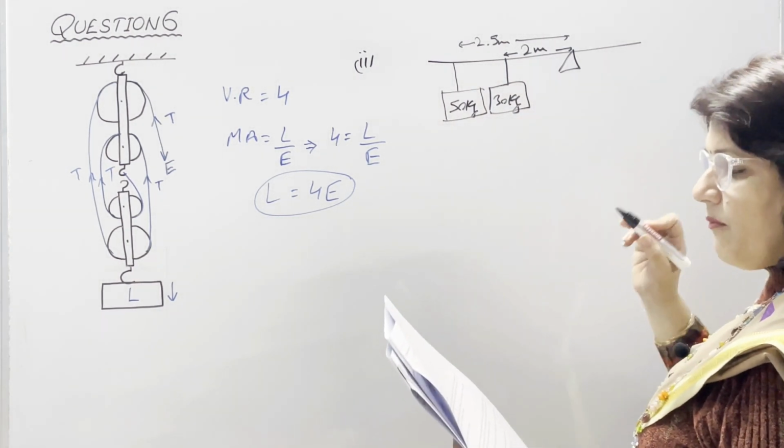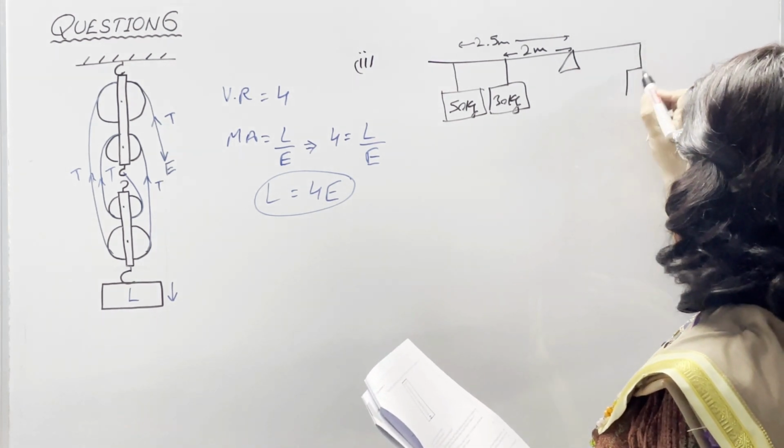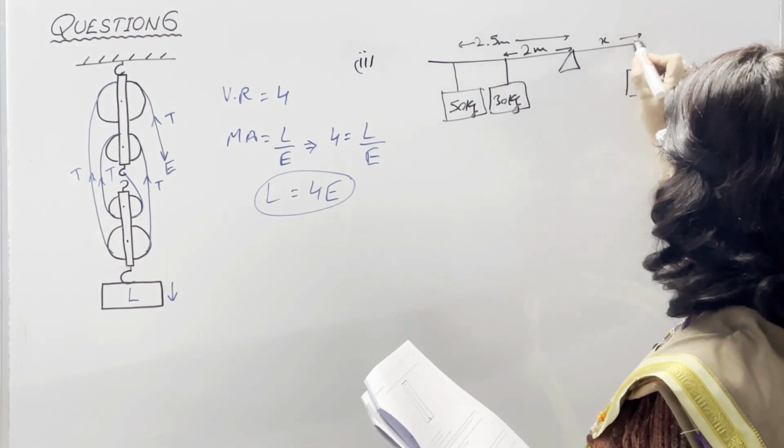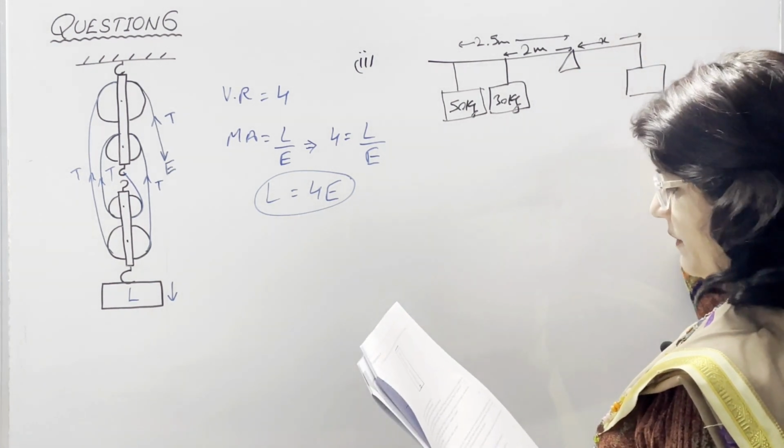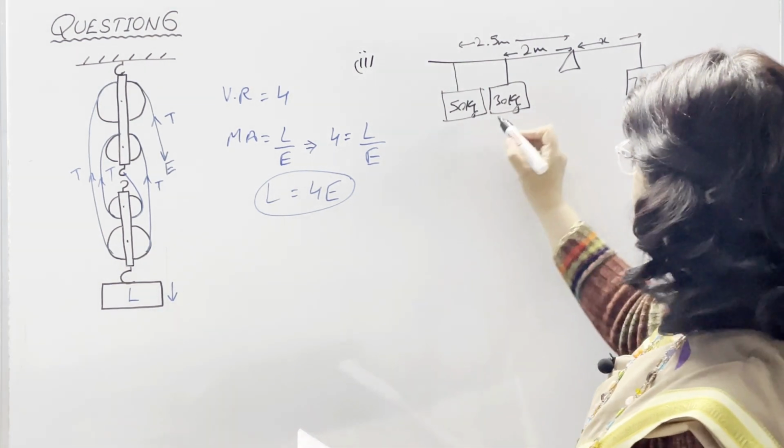Where should a man of mass 75 kg sit to balance it? Now suppose the man is sitting at this place at a distance of x meter and the mass of man is 75 kg.